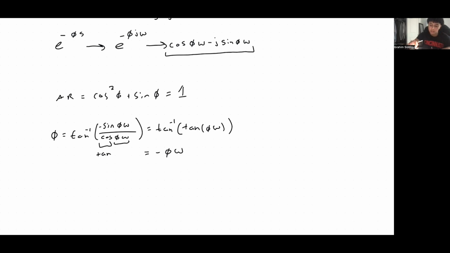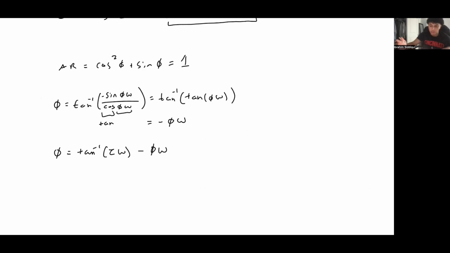But let's see when we plug it back into this equation right here. So you have tan inverse of tau omega, minus phi omega. This is our phase lag that will give us linearization. With higher frequencies, phase lags will be greater in our overall system.